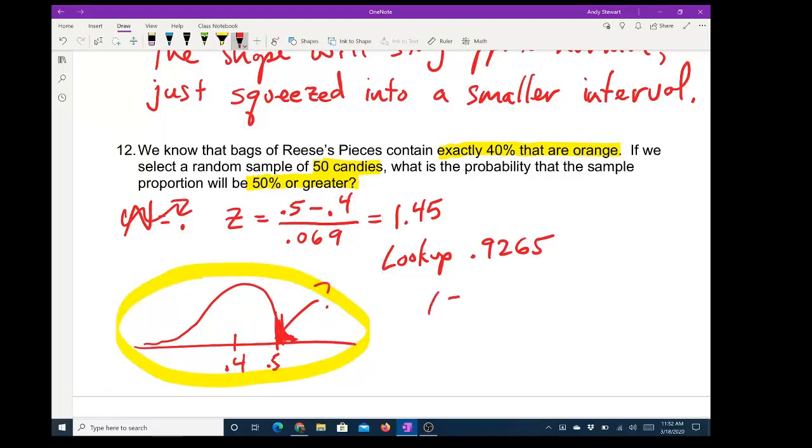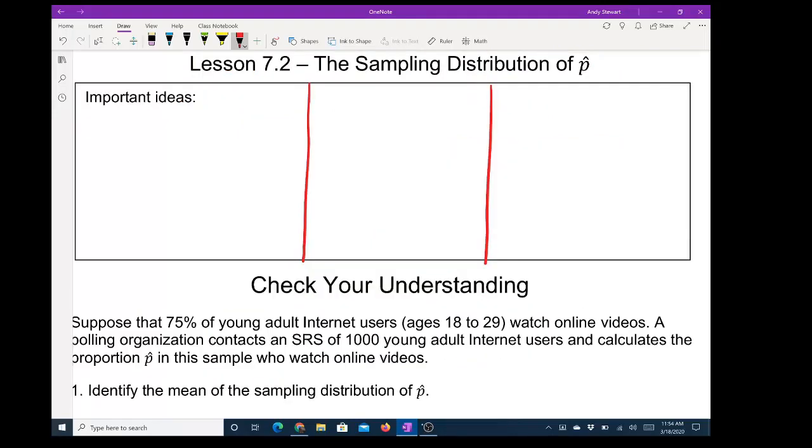So I'm just going to go 1 minus 0.9265, and so it's really small. It's less than 8%. So 1 minus that is 0.0735, or about 7%.